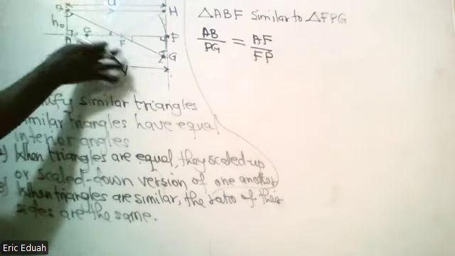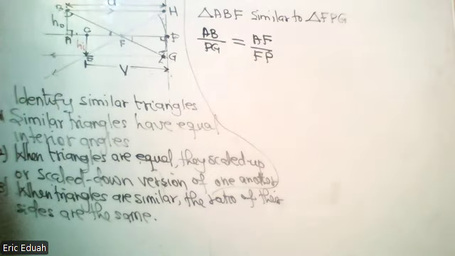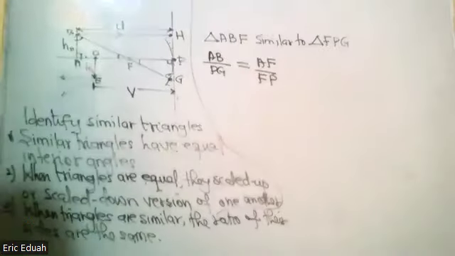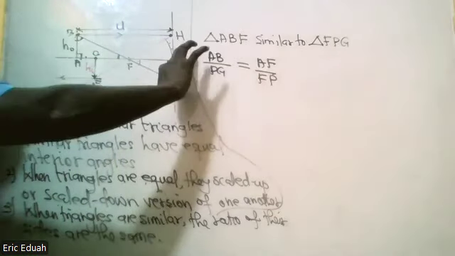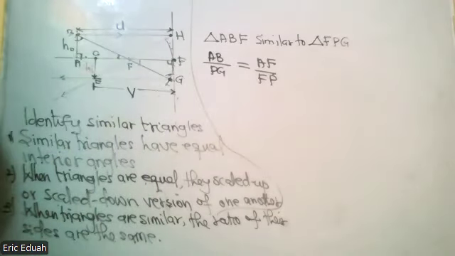I will consider only the first two this time because I don't have much information on BF. So I only take the ratio of this side to this side and this side to this side. So AB over PG is equal to that.